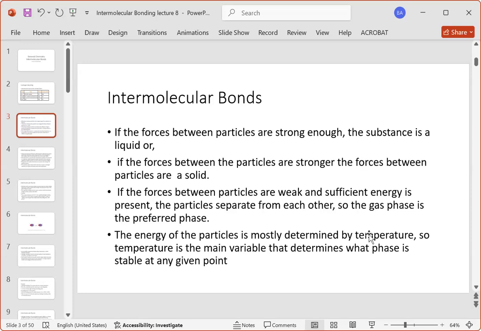So the energy of the particle is mostly determined by the temperature. Temperature is the main variable that determines what phase is stable at any given point in time. So temperature plays a big role here.